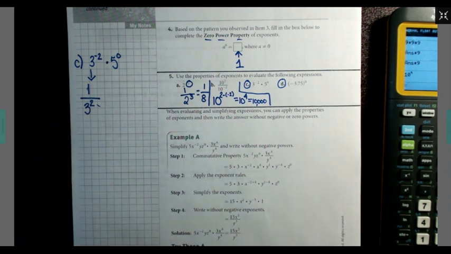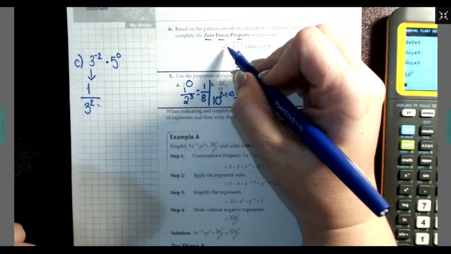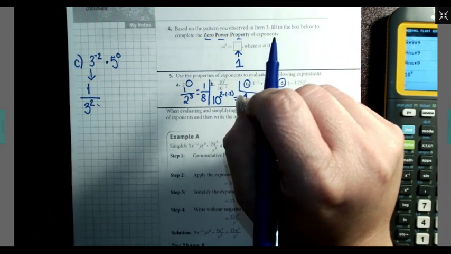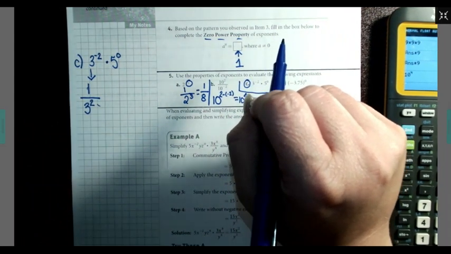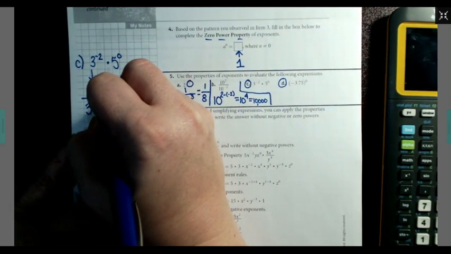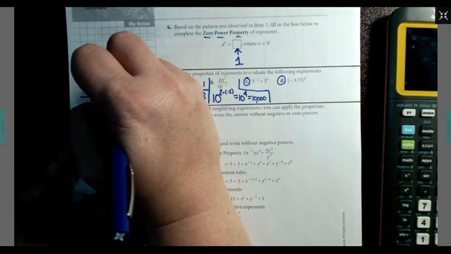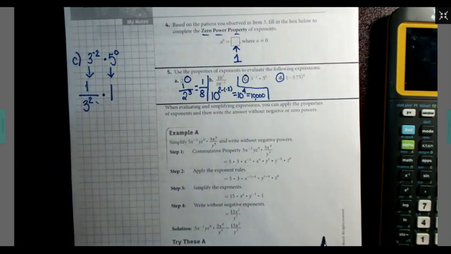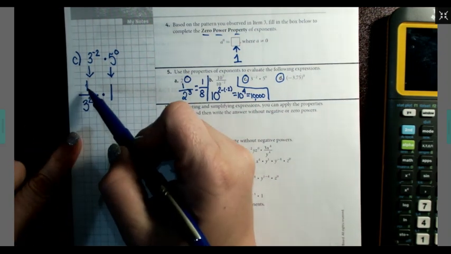Now, right above this question, anything to the 0 power is 1, as long as the number you're raising to the power is not 0 itself. Okay, I need to simplify this, okay? We've got 1.